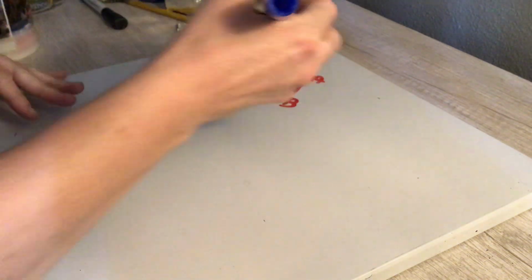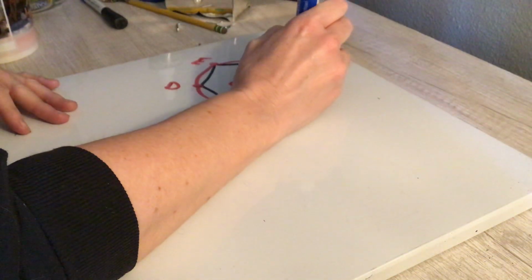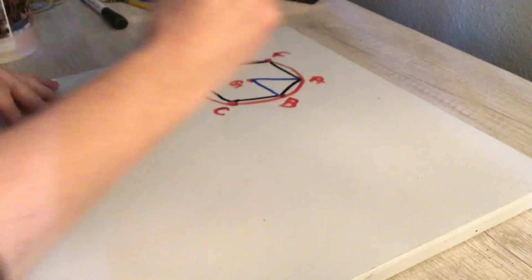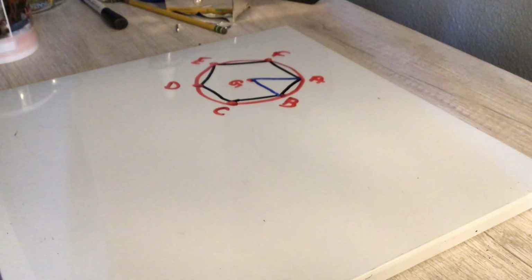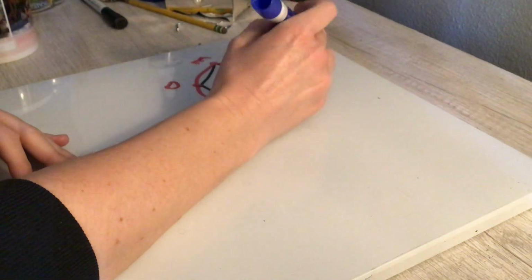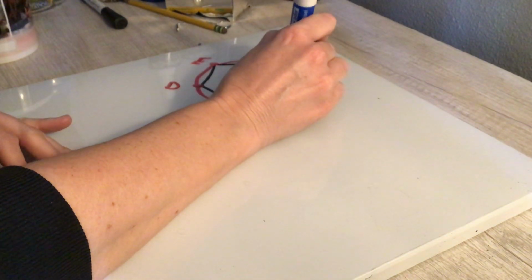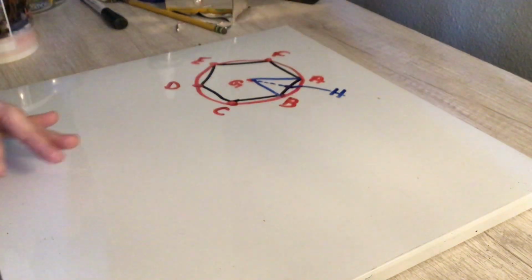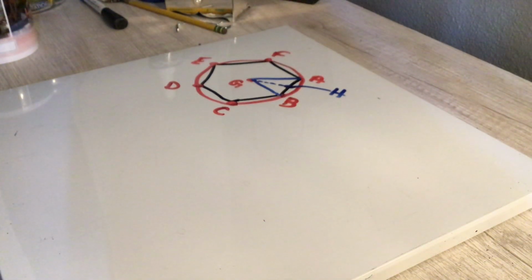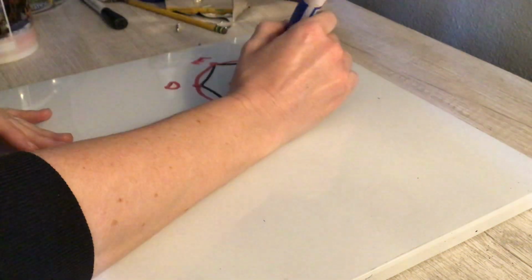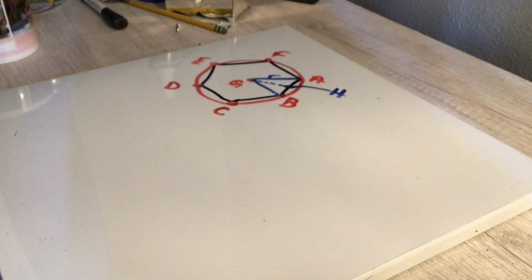Okay, so if I make one equilateral triangle like this, okay, we're going to draw in its altitude and we're going to label this point H. Okay, the center of the polygon is the center of the circle, and the radius of the polygon is the same as the radius of the circle. Okay, so this is the radius of the circle, radius of the polygon.